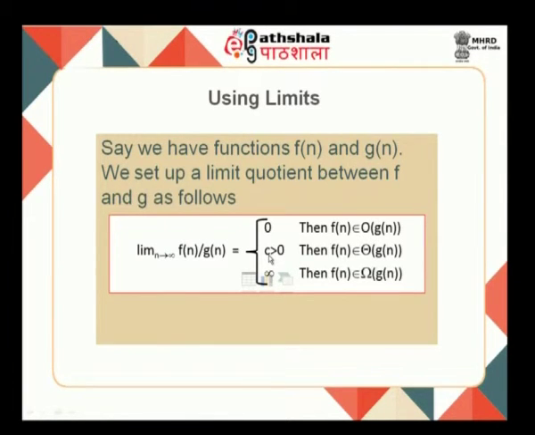If it is a constant greater than 0, then we can say that f of n is theta of g of n, and if it is infinity, then we can say that f of n is omega of g of n.